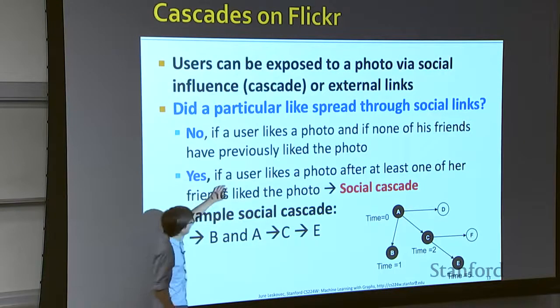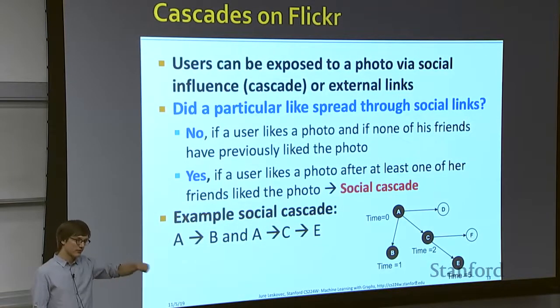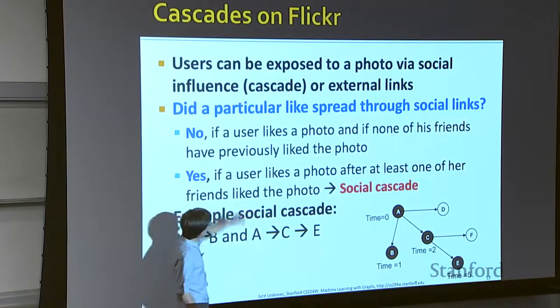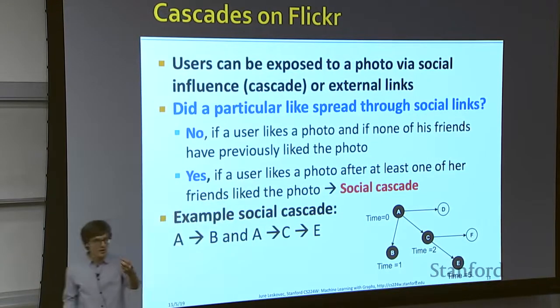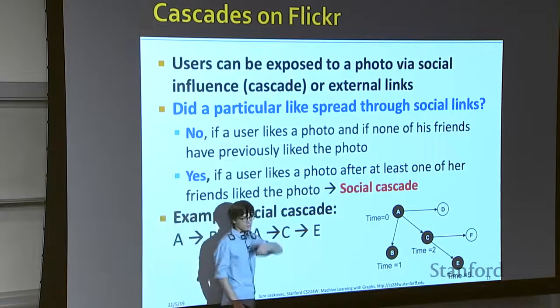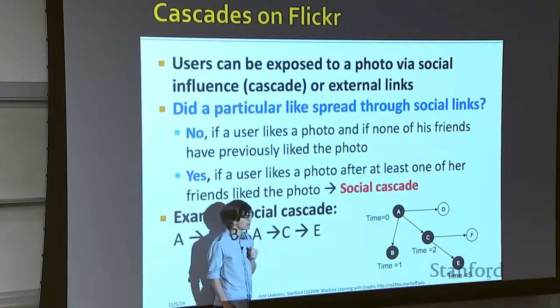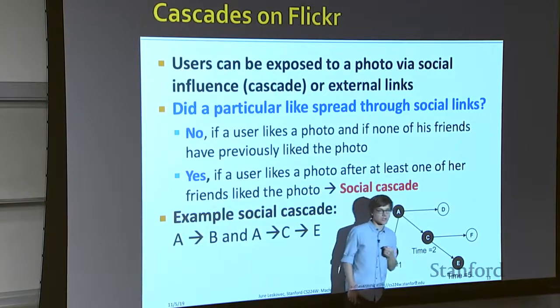But if I like a photo that one of my friends has already liked, then it's probably in my feed because my friend liked it. So you could say, aha, there was a social cascade. That's how these researchers reverse engineer social cascades, by asking whether you liked a photo that one of your friends had already liked before, and you can work backwards to figure out the social cascade.